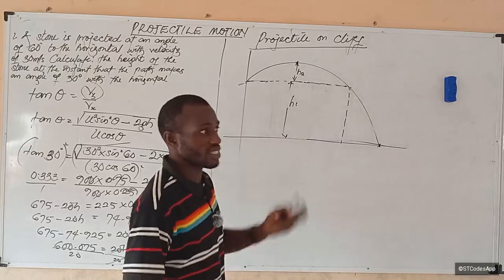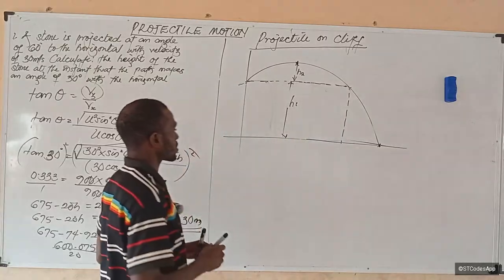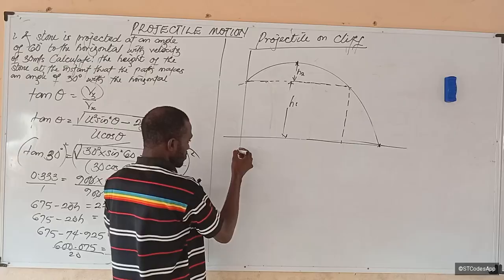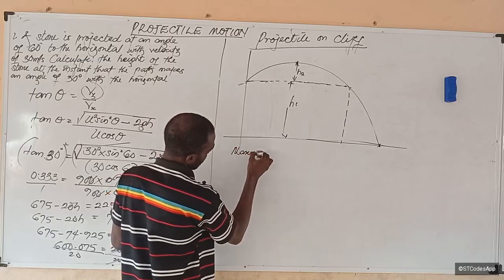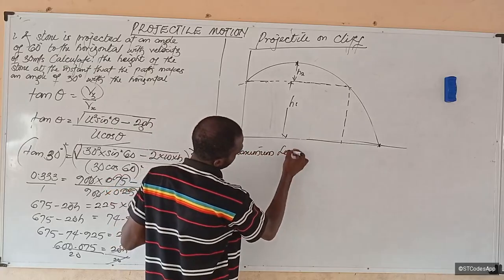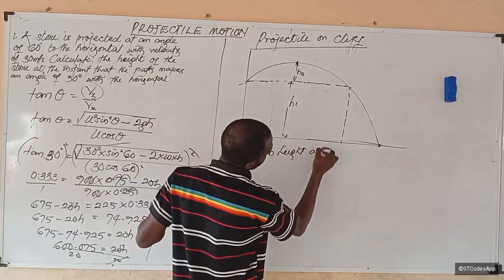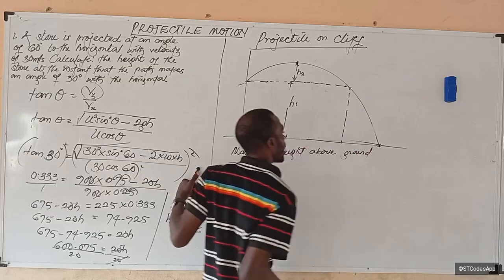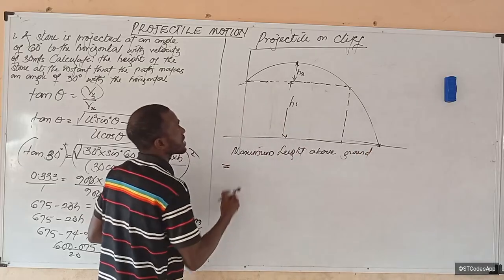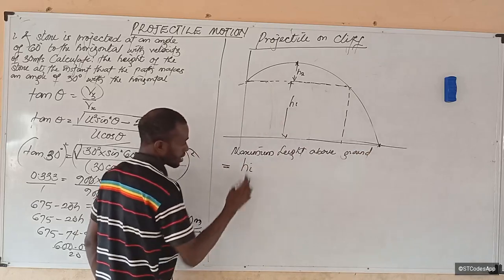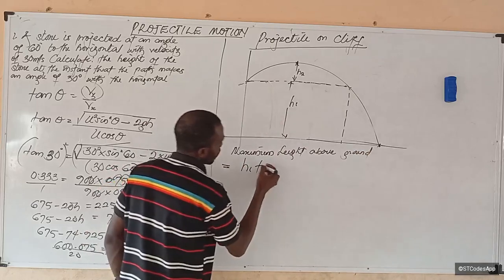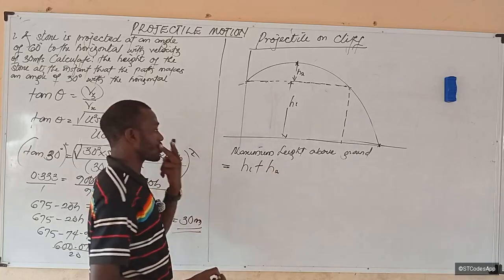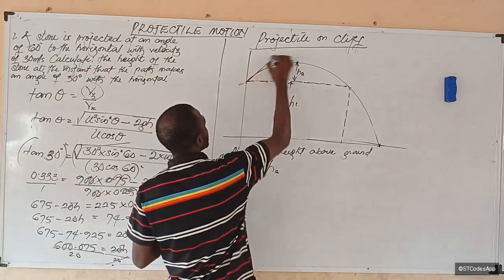So the dynamics change. The maximum height above ground level is going to be the height of the cliff, plus the maximum height reached when it's projected with velocity u.